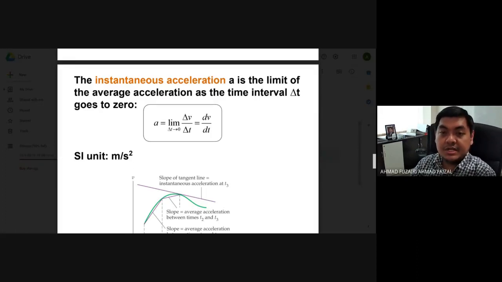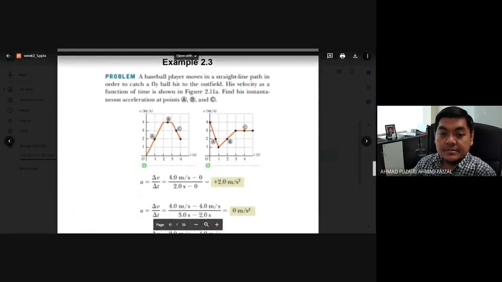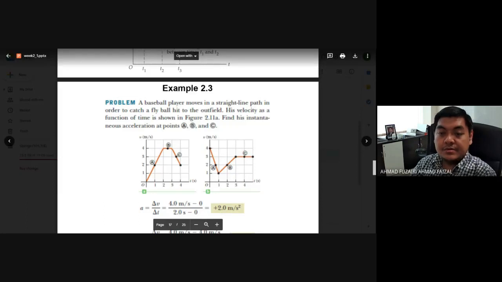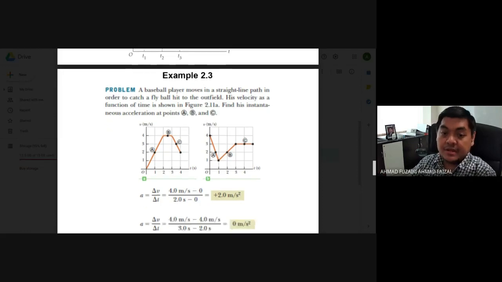When we differentiate v against time, we can get the instantaneous acceleration. So again, please make sure you are able to differentiate between average and instantaneous, because for instantaneous you will normally be given a certain time. We want to find the velocity or the acceleration, but definitely for that particular time.